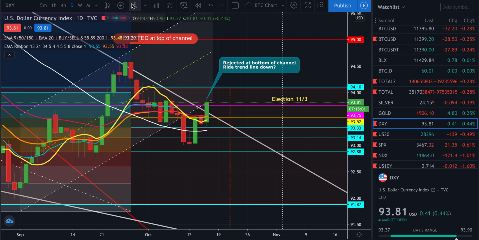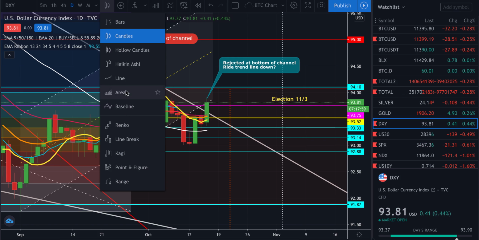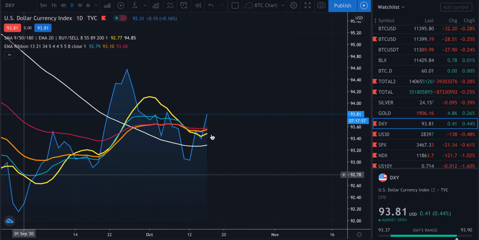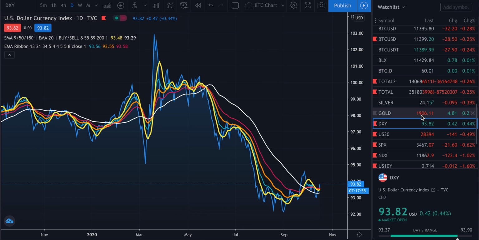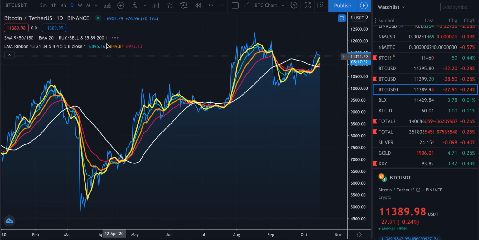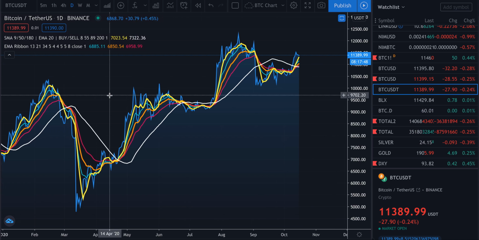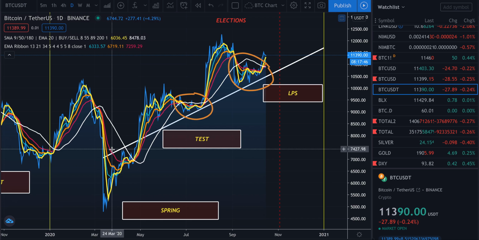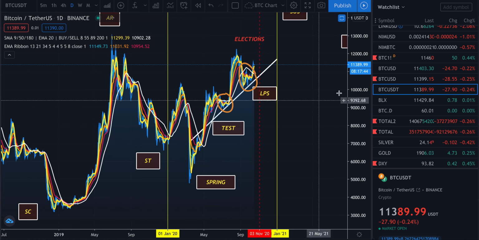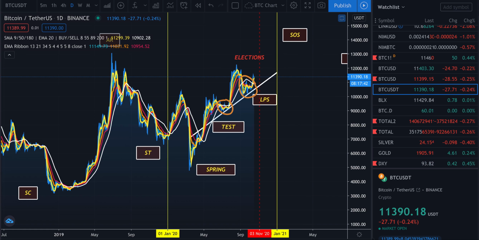You guys understand where I'm at with everything, but just to zoom out and give an idea of what's going on here for our Bitcoin price. We are headed towards the spring. We are headed towards the SOS phase.